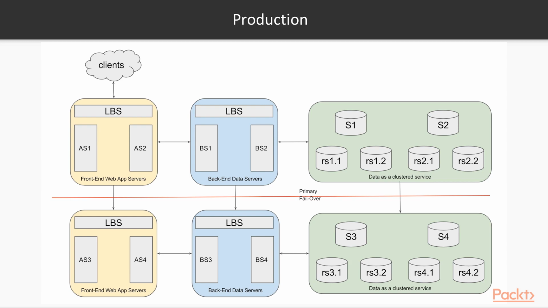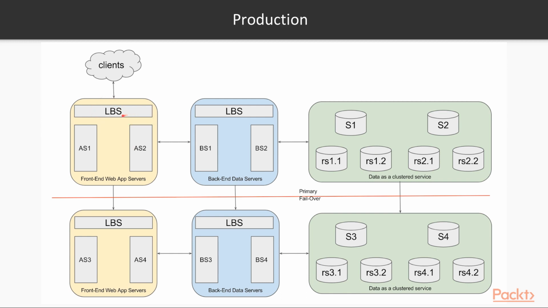In a production environment, everything centers around failover and replication. So at a base minimum deployment, let's say we're talking about a web application where users can send chat messages back and forth to other users. The application servers that the users connect to through their browser would be managed by a load balancing server, an LBS, in the cloud somewhere.